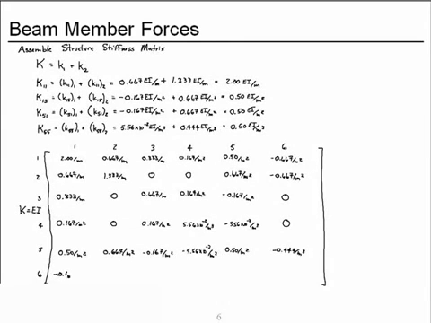So we have a minus 0.667 per meter squared, a minus 0.667 per meter squared, 0, 0, a minus 0.444 per meters cubed, and a positive 0.444 per meters cubed. And let's check.